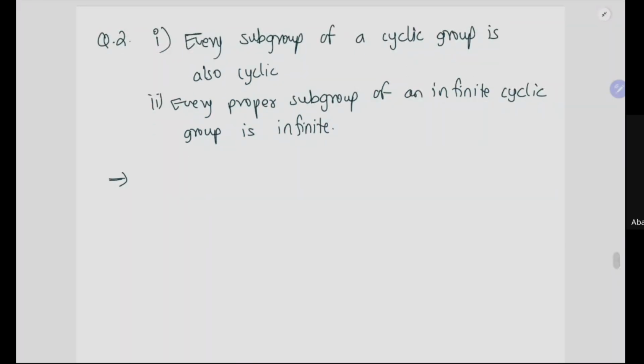What can you say about the truth of these statements? Are they true or false? Can somebody guess?